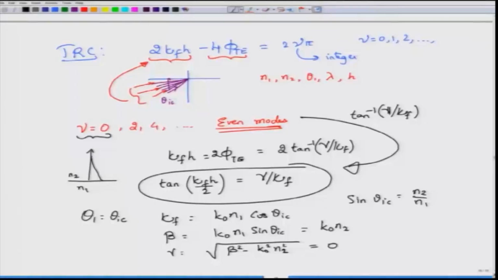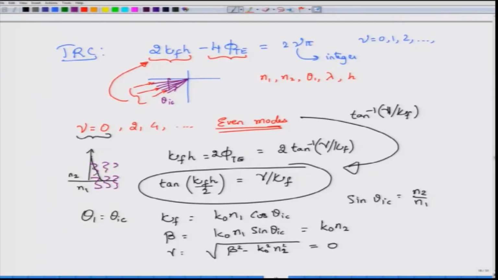So, the wave outside was e power minus gamma x, and it now seems that with gamma equal to 0, right at the critical angle, the evanescent wave does not really decay along the direction perpendicular to the film, but rather remains constant, and of course, there is a propagating wave along the interface which would not decay at all.